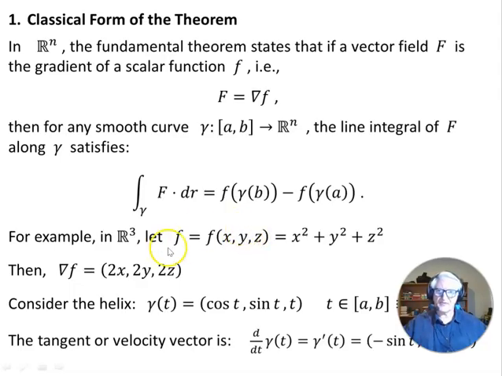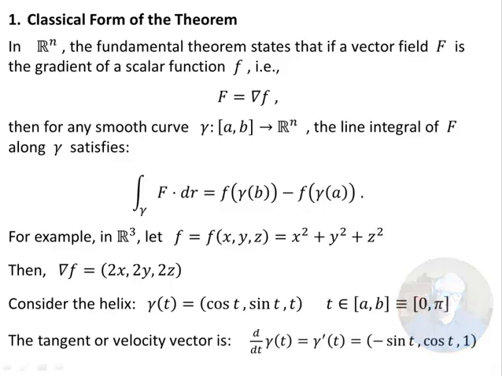That's along the curve. So for example, in R^3, if we let f be x squared plus y squared plus z squared, then del f is (2x, 2y, 2z), the gradient vector. And we consider the helix gamma of t is (cos t, sin t, t), on the interval 0 to pi, because we're going to take the variable t from 0 to pi.